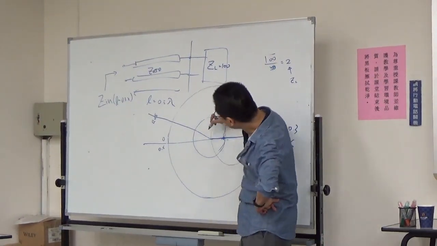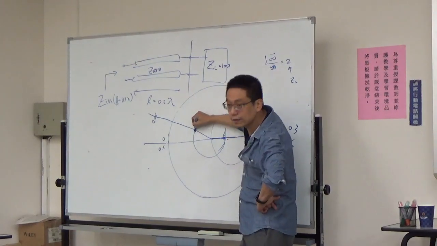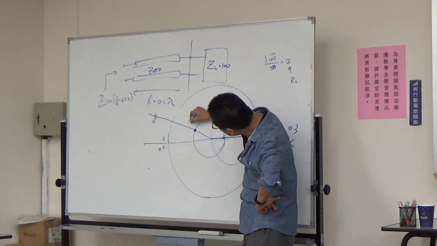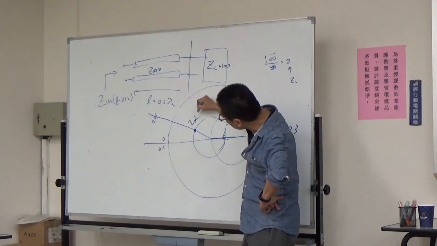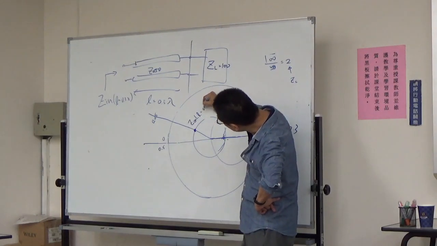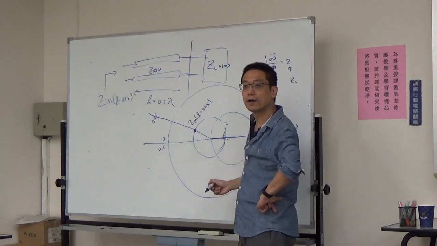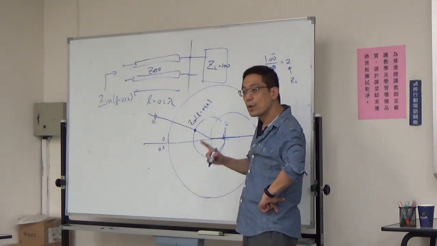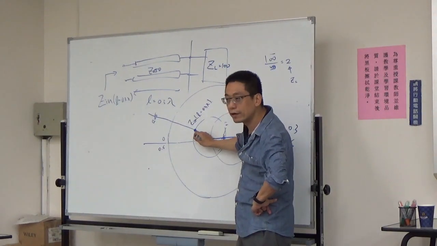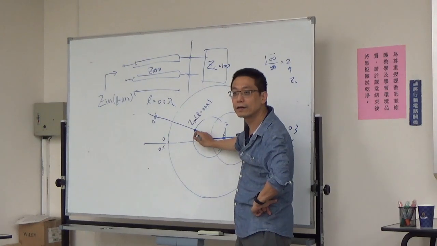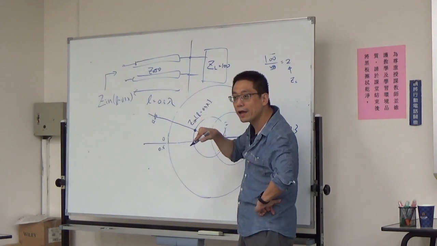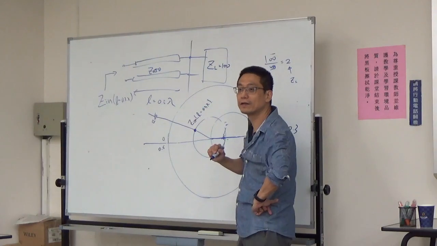And here, this point is the new Z in at L equals 0.3 lambda. Okay, read the number here. Multiply by 50.